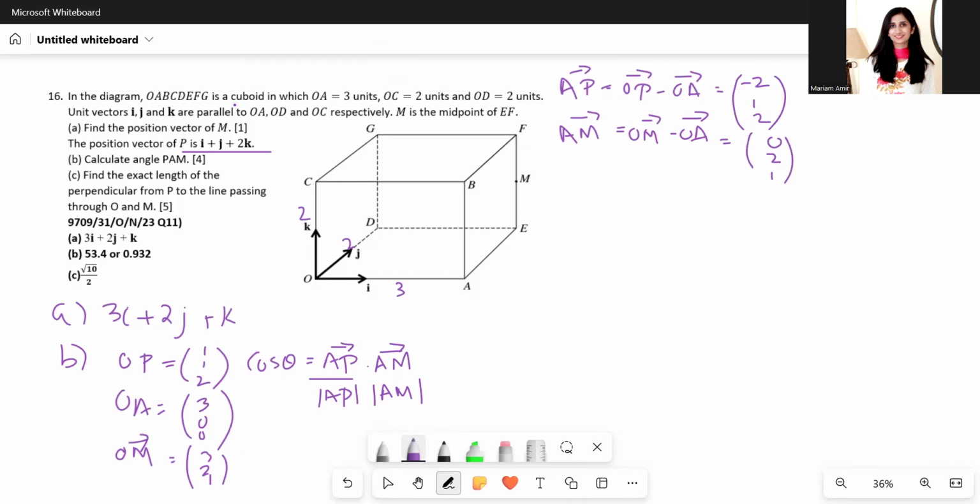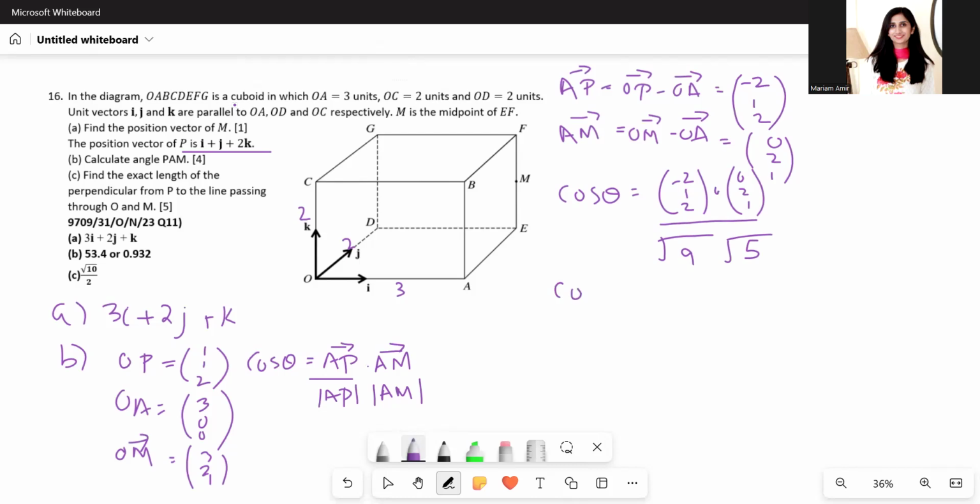All right, now let's substitute that in the formula for cos theta equals minus 2, 1, 2 dot 0, 2, 1 upon magnitude of both of these. So magnitude of the first one would be square root of 2 squared plus 1 squared plus 2 squared. That's the square root of 9, times the magnitude of the second, square root of 0 squared plus 2 squared plus 1 squared. That would be root 5.